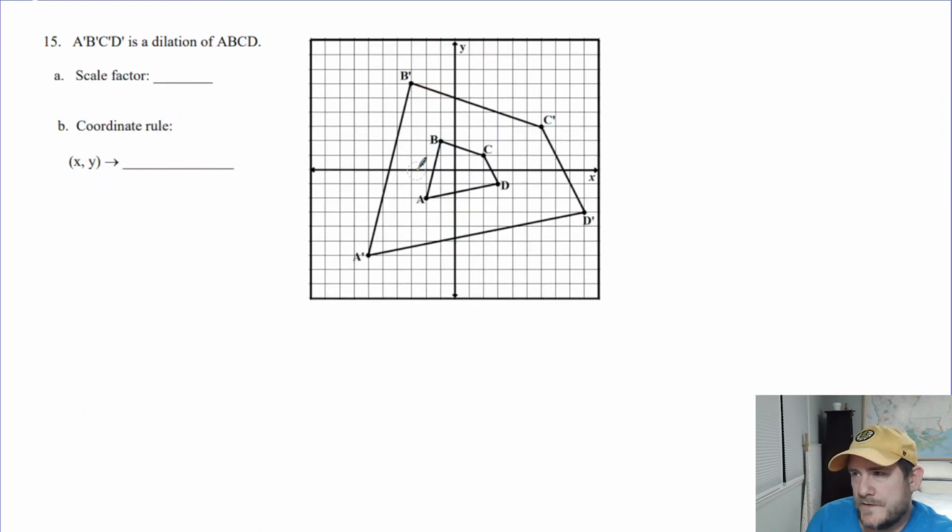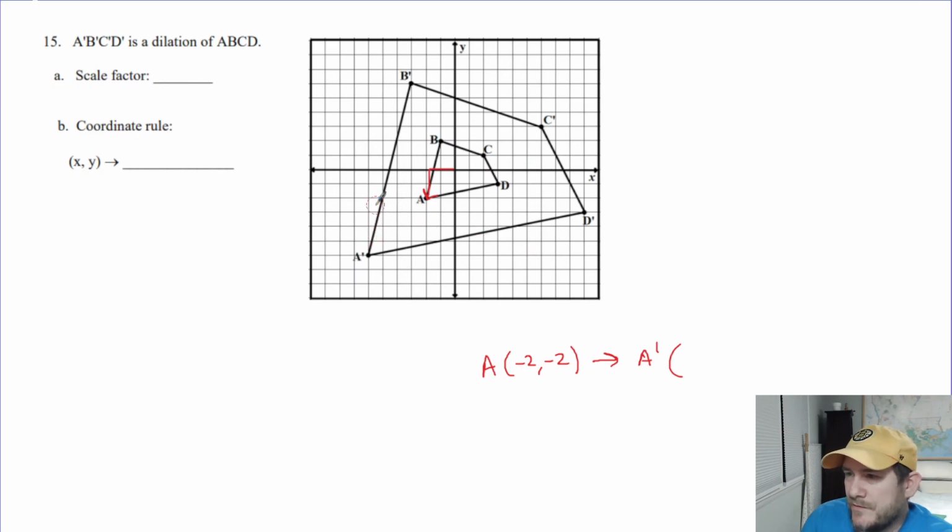Okay, this time we're going from something small and going out to something big. So this is an expansion. What's my scale factor? Again, I don't see anything flat or horizontal, but I do see that A is at -2, -2. I also see that point A maps onto point A prime.